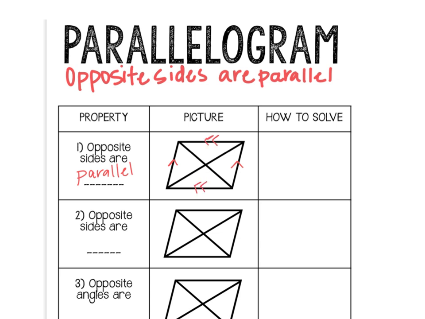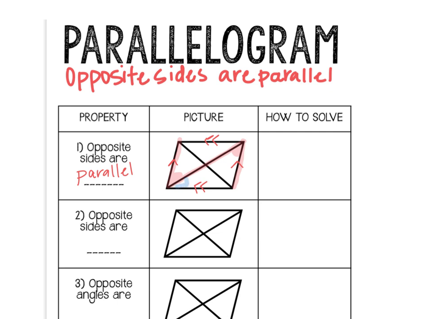So how can we use that to solve problems about parallelograms? Well, we have to kind of go back to our parallel lines and transversals. So if you remember, we have parallel lines and transversals, and this right here you don't have to copy down, but if I have my parallel lines and my transversal, where they meet right here, these angles are alternate interior angles, and those angles are going to be congruent to each other.